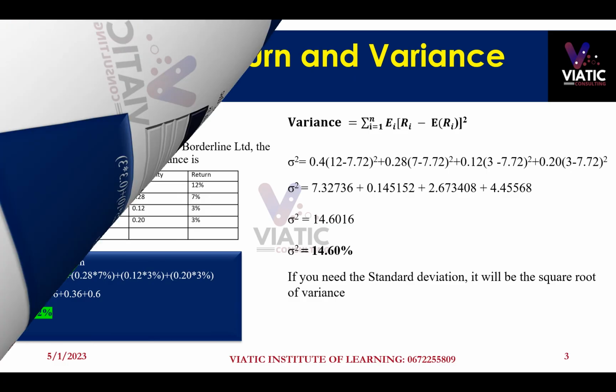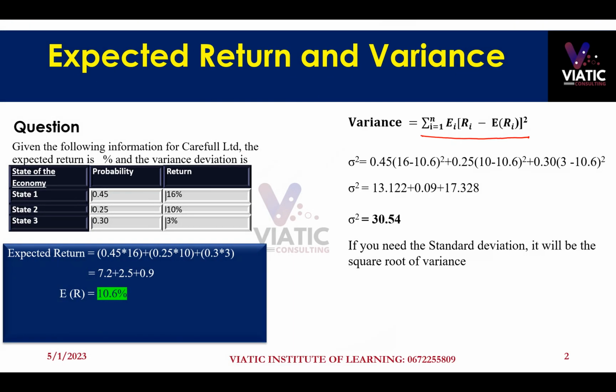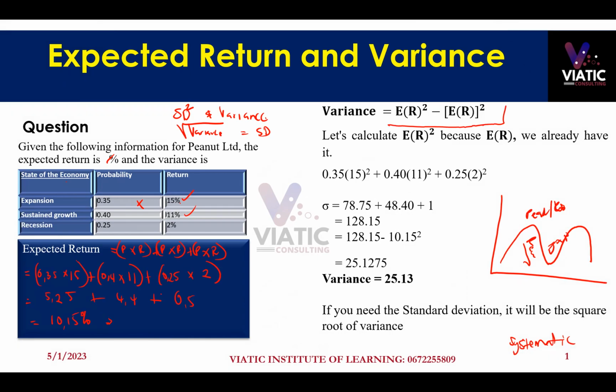So on this first one, we have used the formula that is in the textbook, right? So this formula, we are saying variance is equal to E, E is our probability multiplied by return squared minus expected return squared. So we need to understand this part.